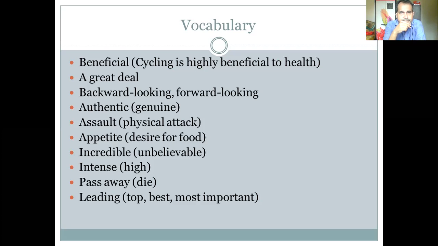So read whatever I have discussed today, and look at the examples very closely, repeatedly, several times.